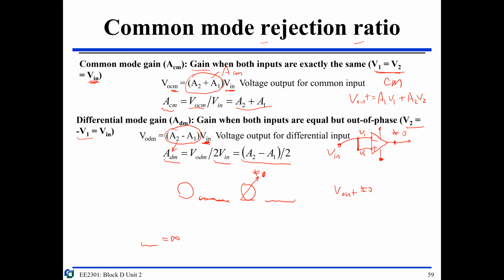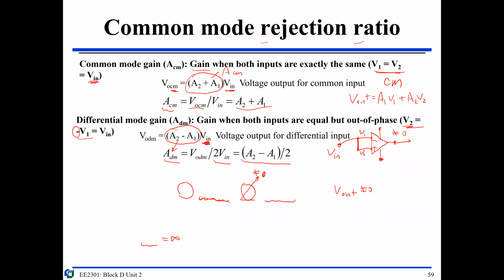But what if you make V2 minus V1 the difference? V2 and V1 are the same magnitude, but opposite sign. Then that is a V in. If V2 is positive, then V1 is negative. Then the difference is A2 minus A1 times V in.